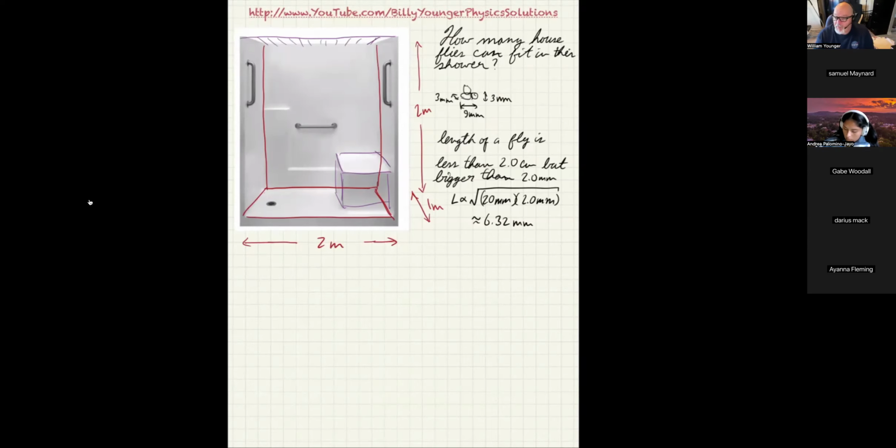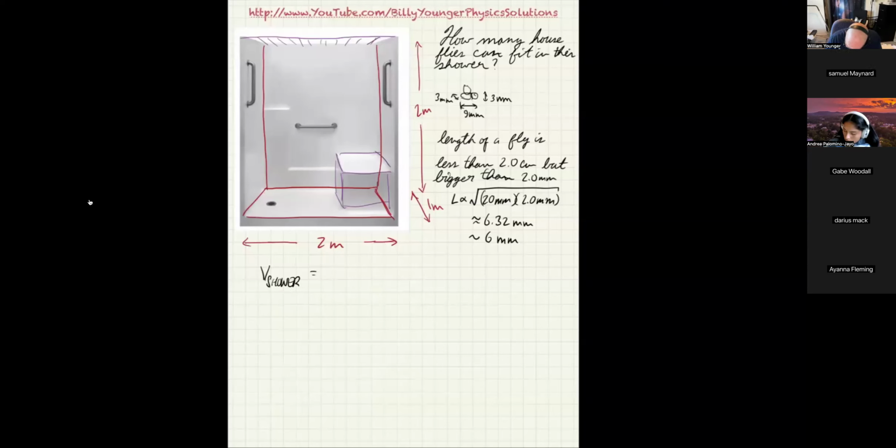When we're doing these estimates, we pretty much only use one sig fig. So I would say this is approximately 6 millimeters for the length. That's pretty good. I called it at 9. There are certainly flies that are only about 6 millimeters long. That's certainly okay, and we're only looking for an estimate. So first I'm going to calculate the volume of the shower.